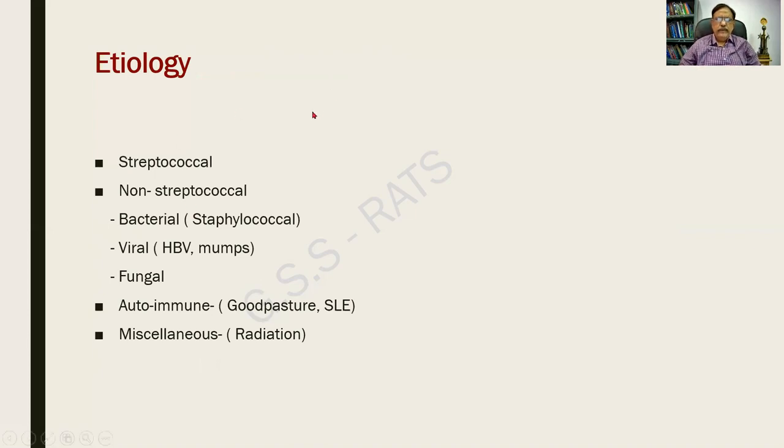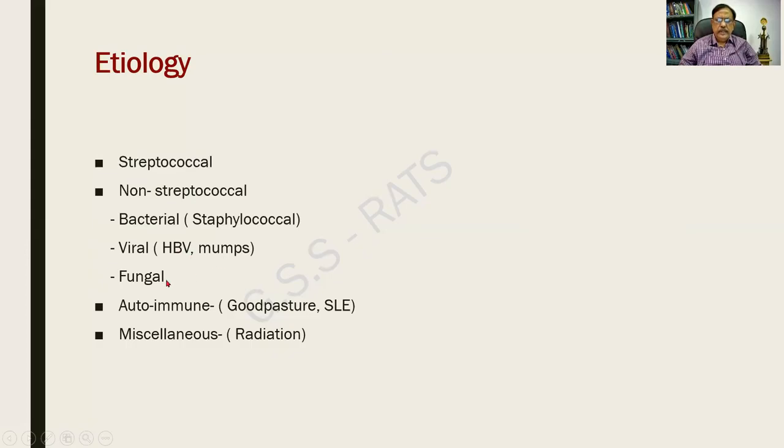The cause for it, mainly, is streptococcal. That is why it is called post-streptococcal glomerulonephritis. But then there are non-streptococcal causes also. Bacterial, staphylococci can cause this. Viral, hepatitis B virus or mumps.